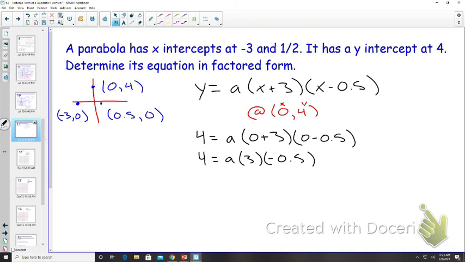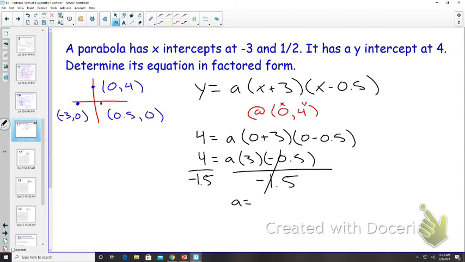3 times negative half is negative 1.5. So I'll get rid of that, divided by negative 1.5, and see what that equals. 4 divided by negative 1.5 is 2.6 repeating.